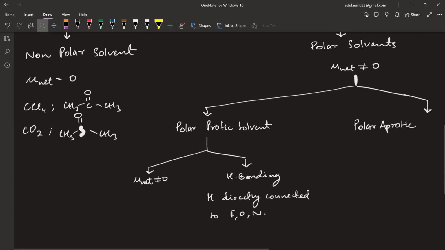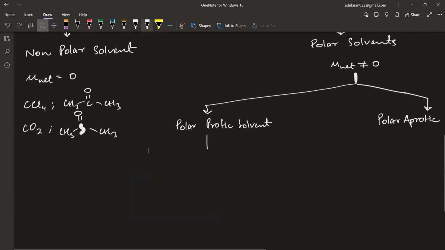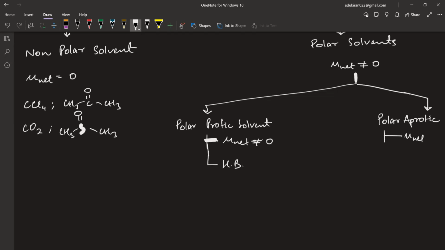Polar aprotic solvent, wait a second, let me write it not like this. They will have two characteristics. One of the characteristics will be mu net is not equal to 0, so they are polar, and there will be no hydrogen bonding here.